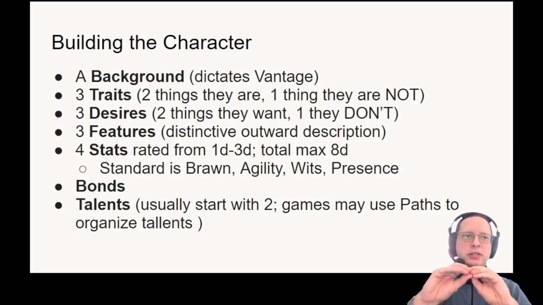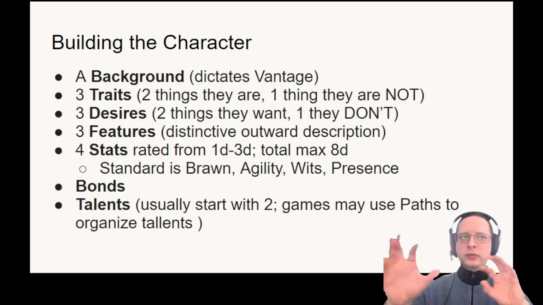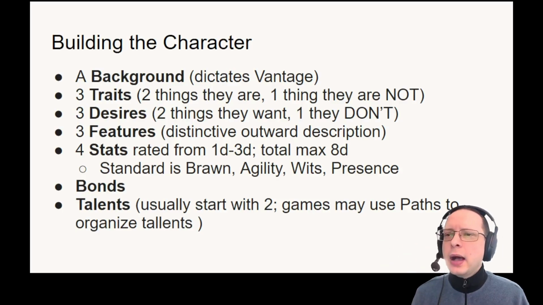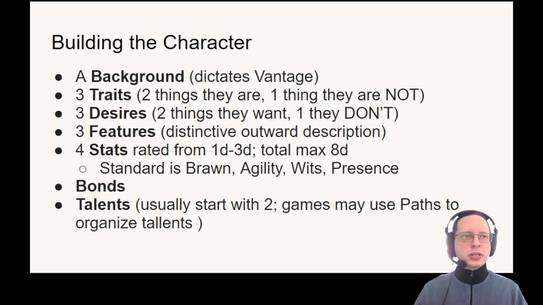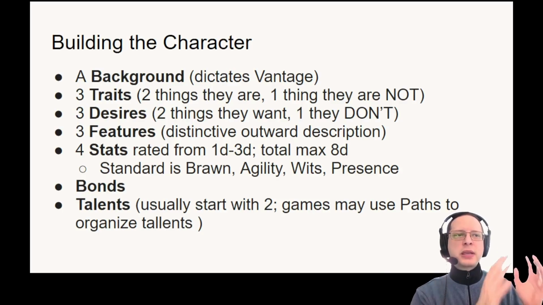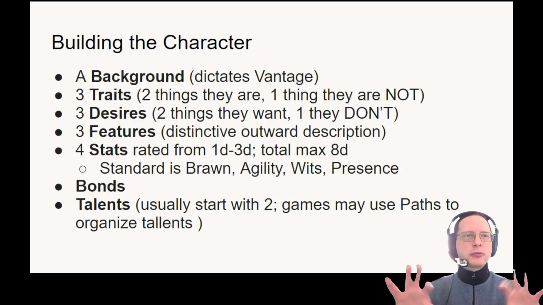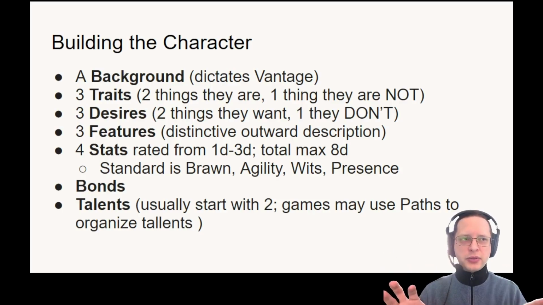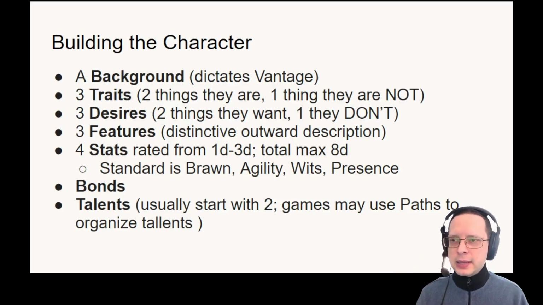So you could have an even spread of 2 each, or 3, 1, 2, 2, or something like that. The standard descriptions of the 4 stats are brawn and agility, those being your physical stats, and wits and presence being your mental stats. And again, remember, whenever your character suffers harm, it's harm to one or the other of those that takes the impact.